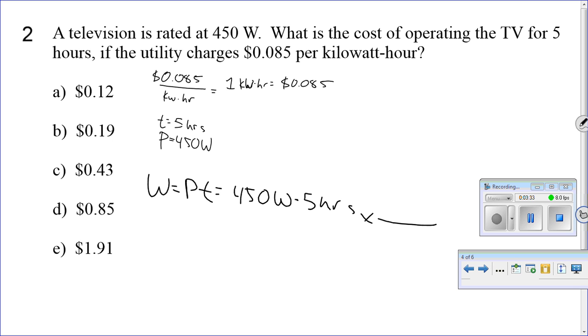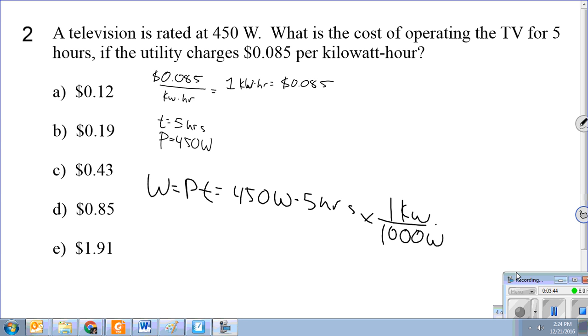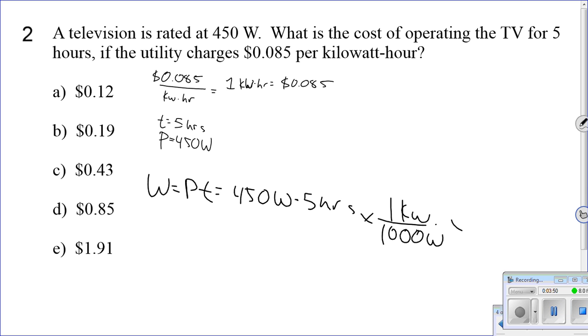Times, there are 1,000 watts in 1 kilowatt. So what units do I have now? Kilowatt hours, right? And then I can multiply that by $0.085, which is the cost of 1 kilowatt hour. Cool?